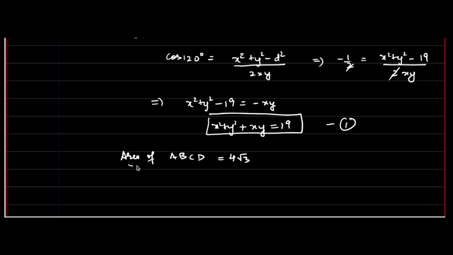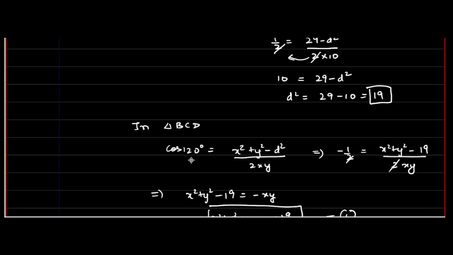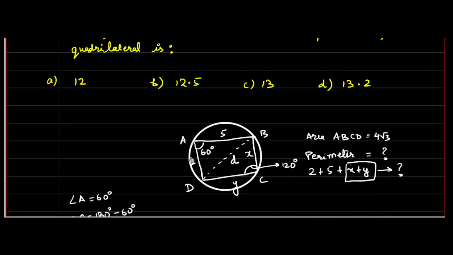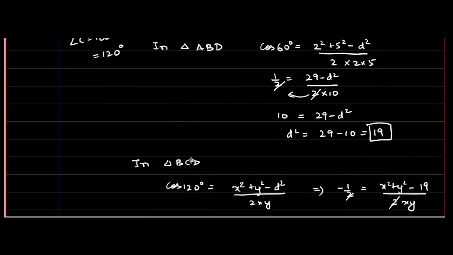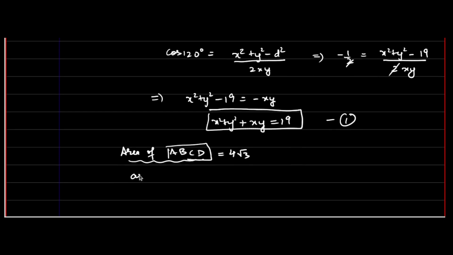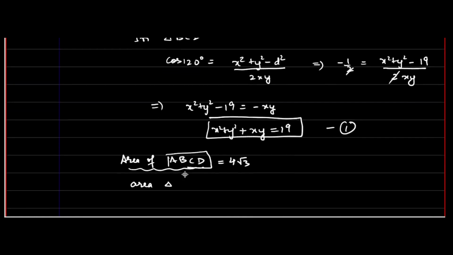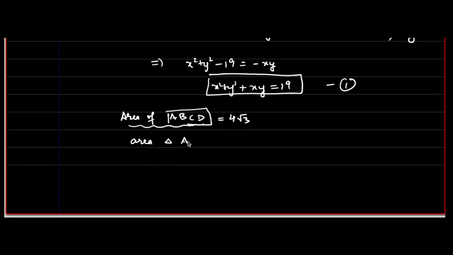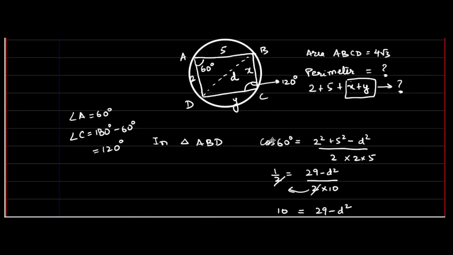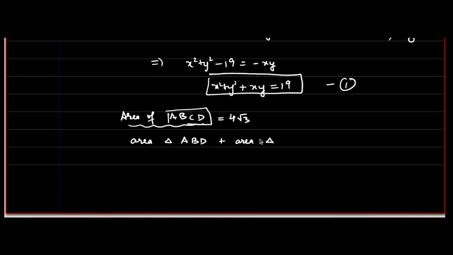So let's divide this quadrilateral ABCD into triangles, namely ABD and BDC. So this can be written as area of triangle ABD plus area of triangle BDC is equal to 4 root 3.